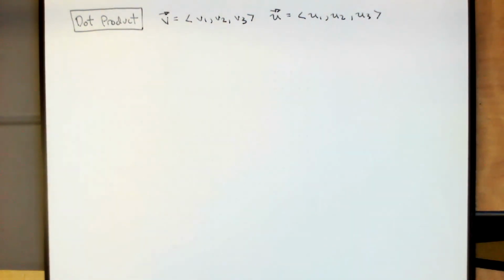So let's start with a couple of generic vectors. I'm going to pick generic vectors in R3, but the vectors can come from anywhere.